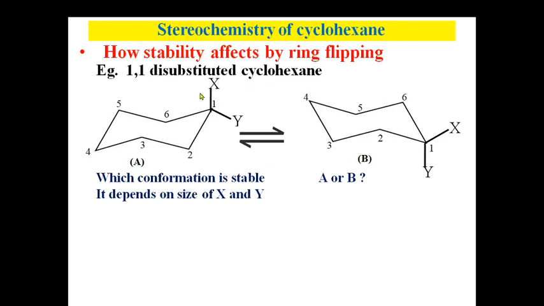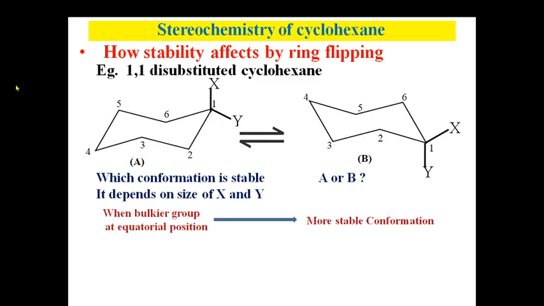So in short, what you have to remember is that bulkier groups should be at equatorial position for a more stable conformation, or the conformation in which bulkier groups are present at equatorial position is more stable.